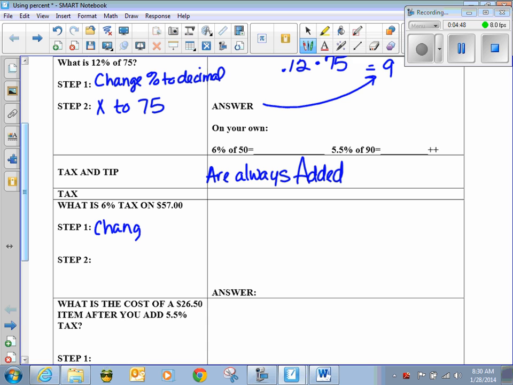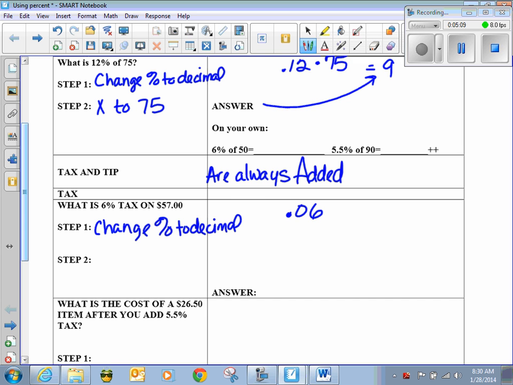Change the percent to a decimal. So 6% is going to be 0.06. I divided 6 by 100, and I got 0.06.